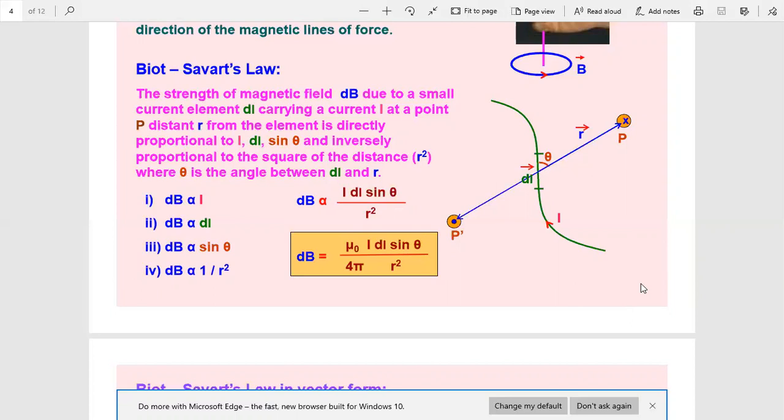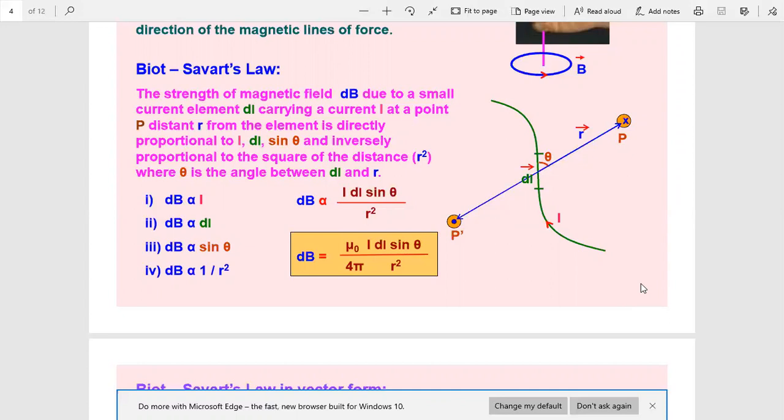So Biot-Savart divided a current carrying conductor virtually into small pieces, and each piece is called an elementary part of the current carrying conductor. And current along with the length of the elementary part together is called elementary current or current vector.